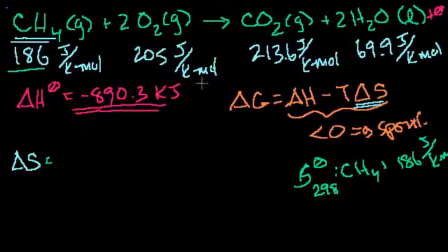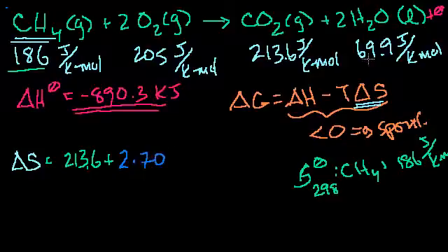So that's going to be equal to 213.6 plus, I have 2 moles of water here, so 2 times 69.9, almost 70, and then I want to subtract out the entropy of the reactants. The entropy of 1 mole of CH4 is 186, plus 2 times 205.